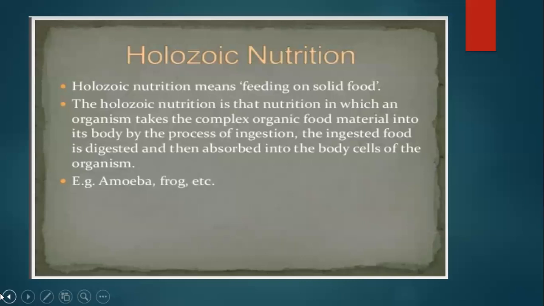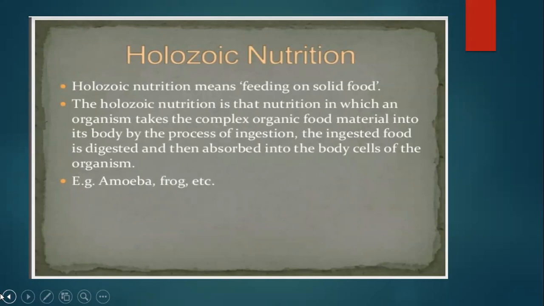The best examples for holozoic mode of nutrition are, other than amoeba and frog, man, cat, dog, deer, tiger, lion.